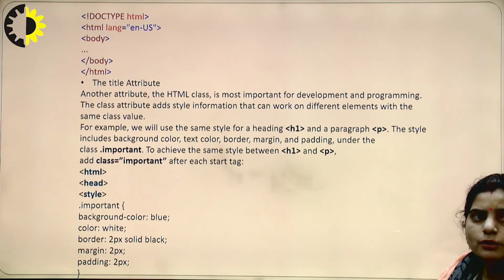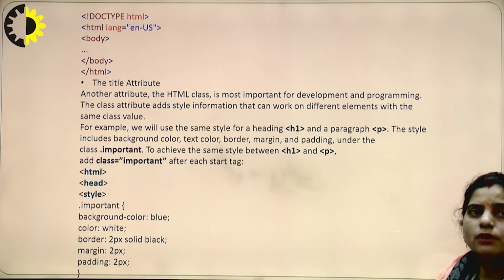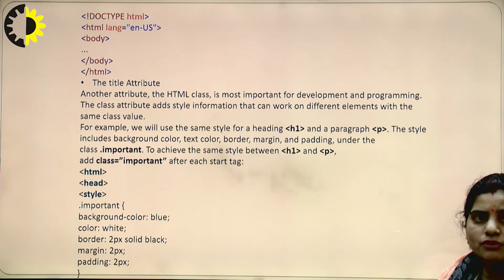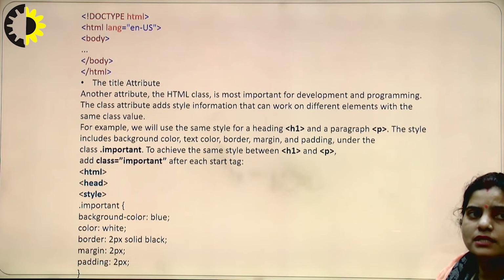By using this concept, we are going to add the style which we declared earlier, that the background color should be this, the text color should be this, and the border, margin and padding should be this. If we apply the same thing over the whole class which is known as important, then the same style will be applied to the heading H1 and to the paragraph also.